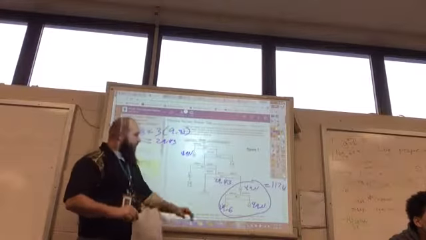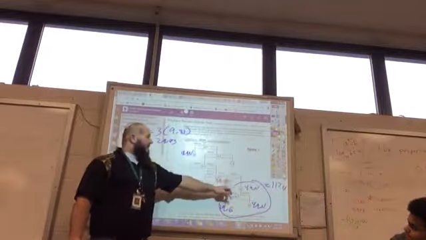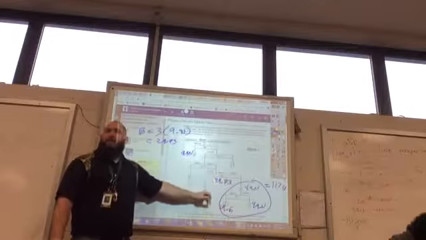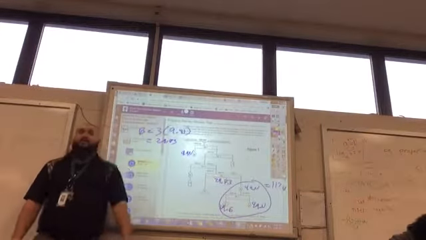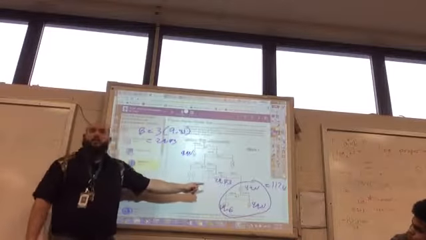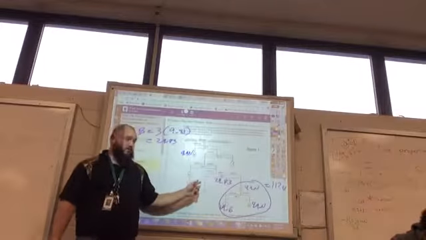So, we got this guy hanging from this spot. We got this guy hanging from this spot. And we got this guy hanging from this spot, right? How will we set up our torque equation? We have to do the combination of the bottom one.